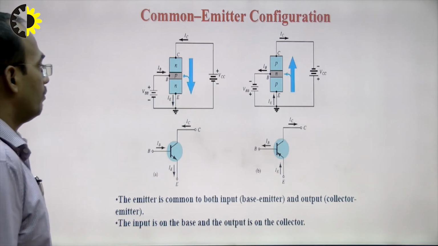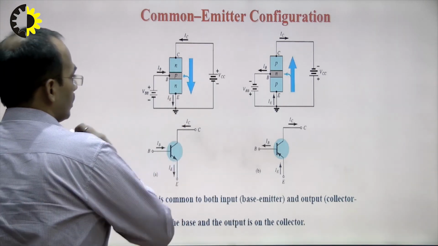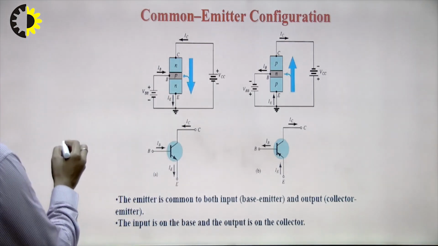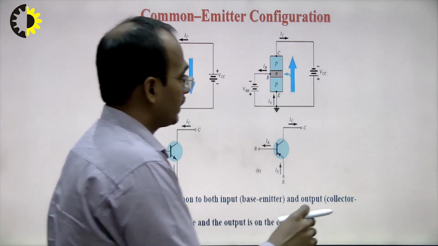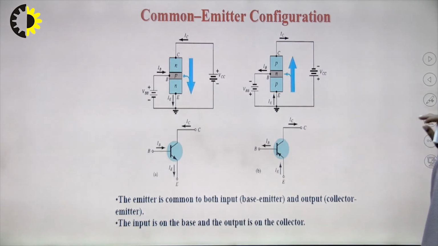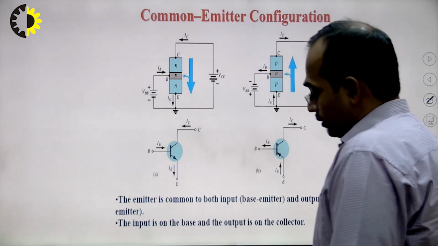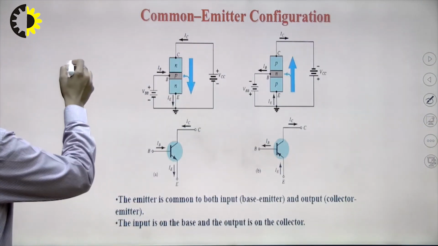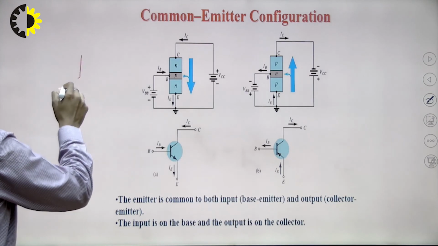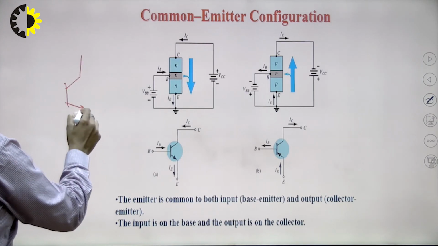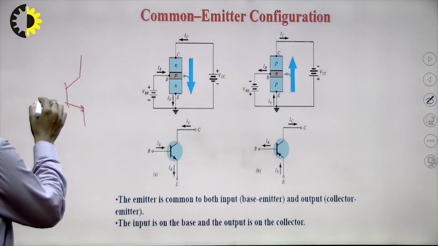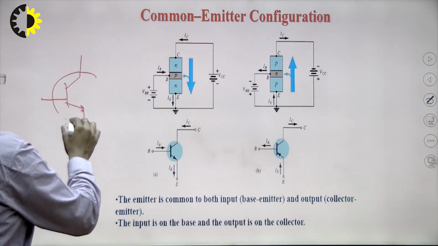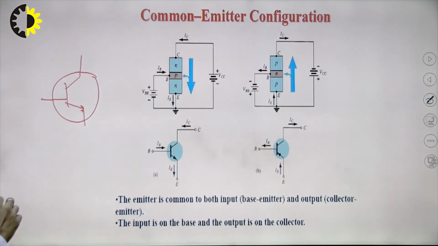So, when I make the emitter terminal common, suppose I am using this NPN transistor. This is the symbol of the NPN transistor.